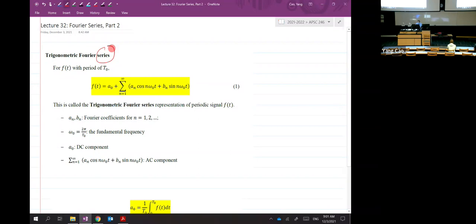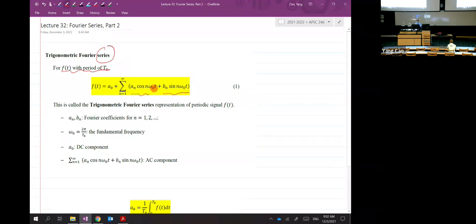Now, of course, Fourier series has its own focus. It focuses only on functions with a period of T naught, or it applies only to periodic functions. If you have a periodic function, then this function can be decomposed into a number of terms associated with cosines and sines.